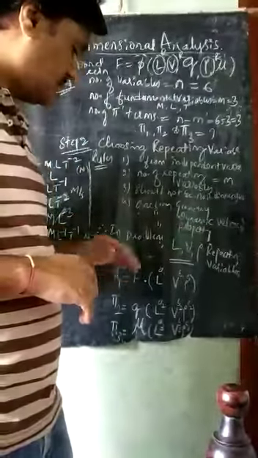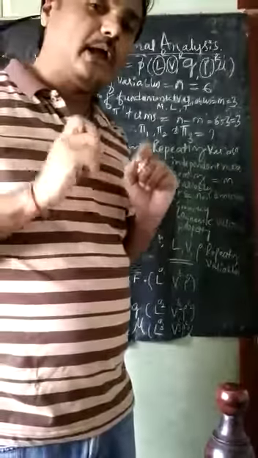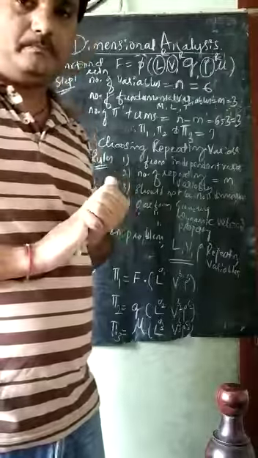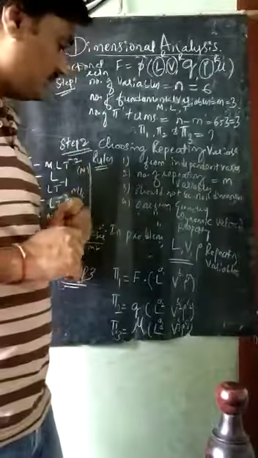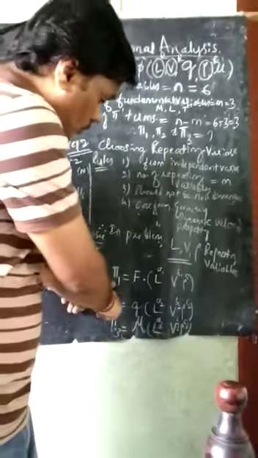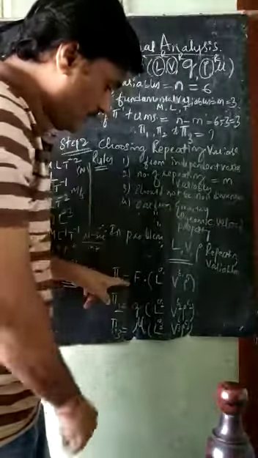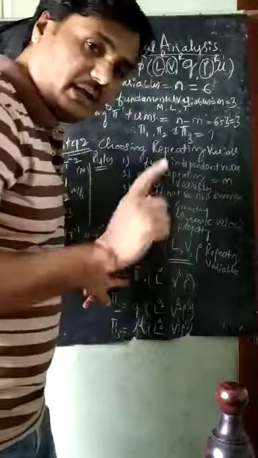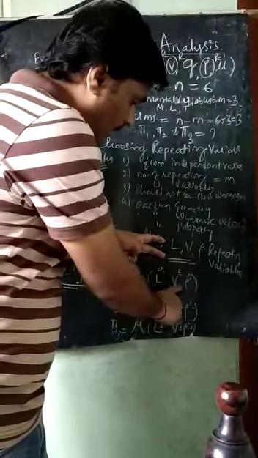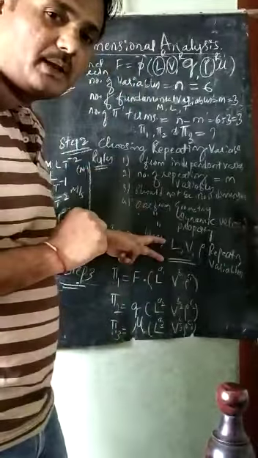Then step number 3: we need to write a functional relationship for each pi term. How do we write the functional relationship? For pi 1, in the bracket we write the repeating variables L, V, rho. These are the three repeating variables.